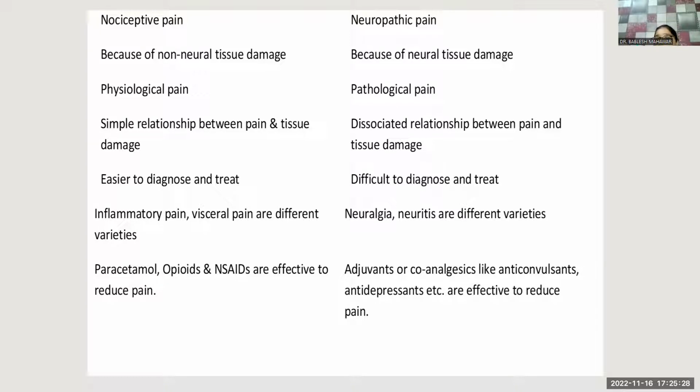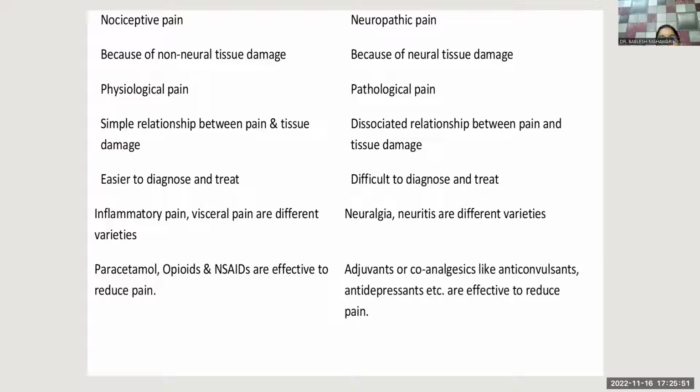For example, a case of fibromyalgia. Now, nociceptive pain is usually a physiological pain, because pain is something which keeps you always alive. But when the nervous system itself is at fault, then it becomes chronic and pathological.